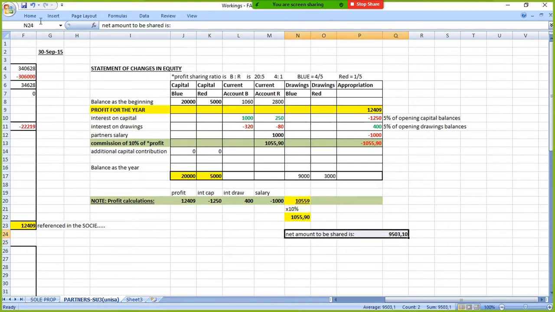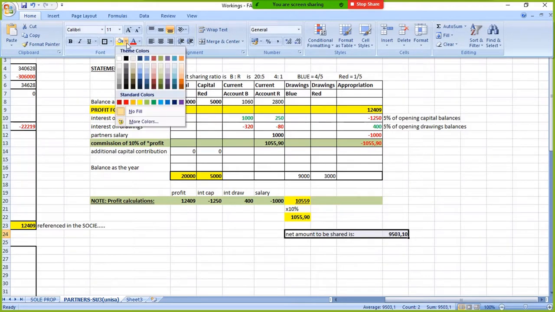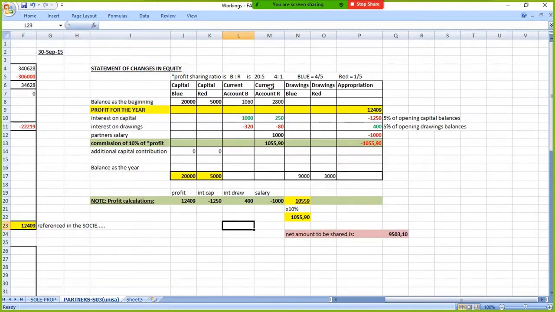Right, so that amount will be shared according to their profit sharing ratio, which we said was 4/5 to Blue and 1/5 to Red. All right, so this will be that line over here. Okay, this will be the appropriation of profit.